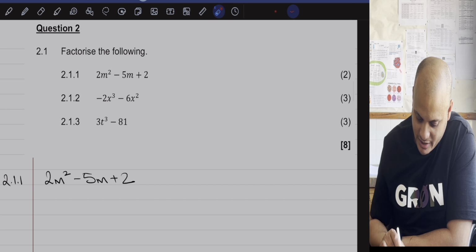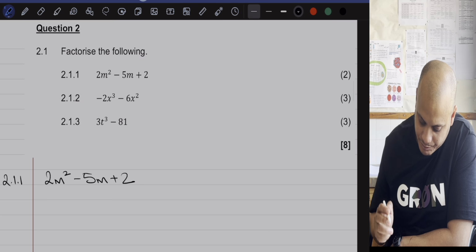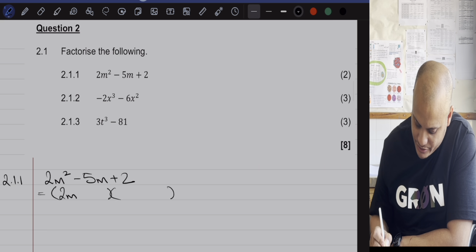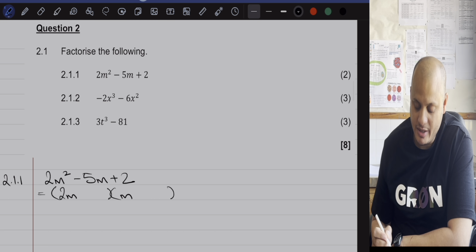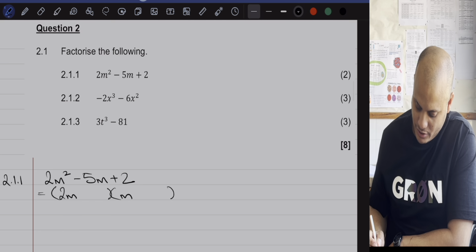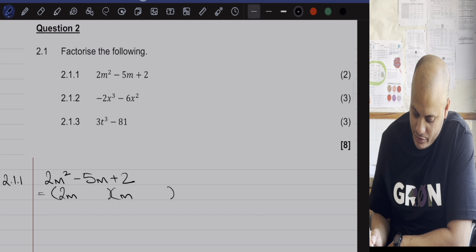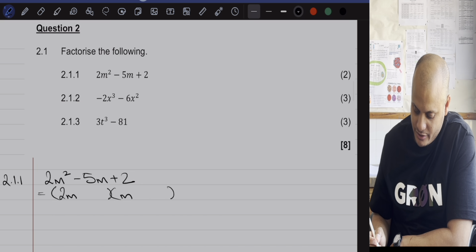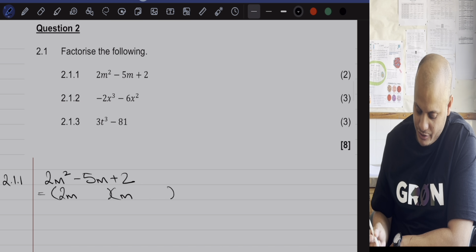You could simply have opened up your two brackets and factorized the first term, because it can only be 2m and m, and the last term can only be 1 and 2. So you just needed to choose your factors in a way that allows you to end up with a negative 5m as your middle term.